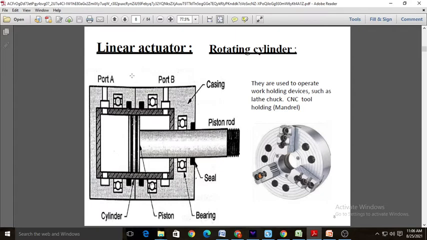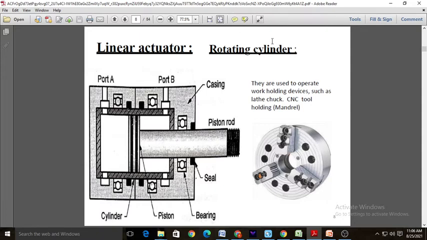And similarly, when the pressurized hydraulic fluid moves in from this port B, then the pressure of the fluid is created inside this section, and fluid moves out from this port A, and that's why the piston moves in the backward direction, and we get the contraction, the linear motion of this piston rod, and we call it a linear actuator there.